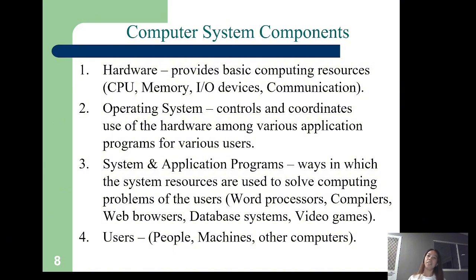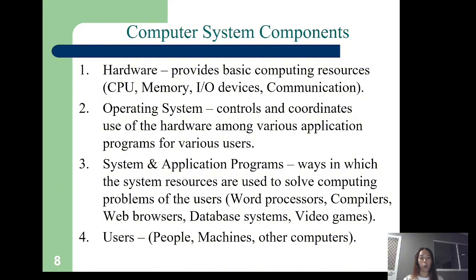The second one is memory or RAM, random access memory. Memory is a temporary storage used to hold data and instructions that are currently in use. So all the data is input into memory.